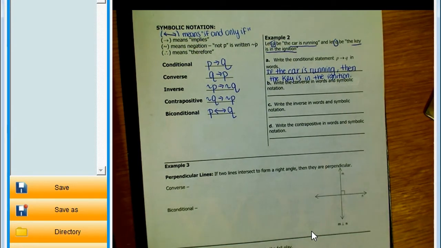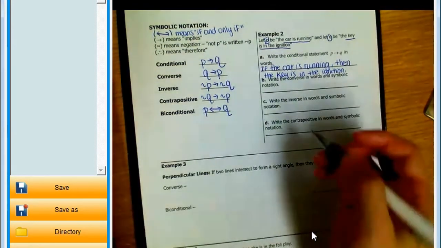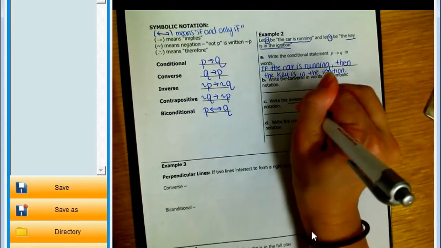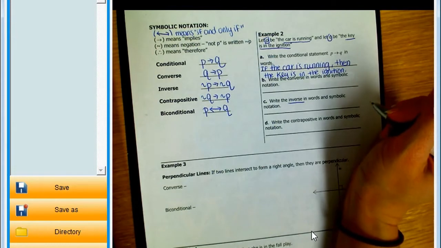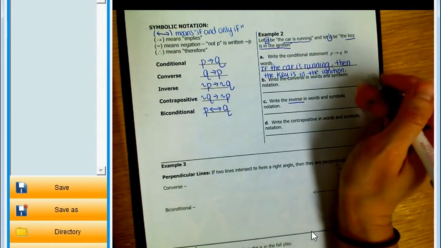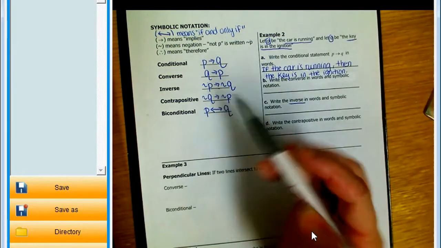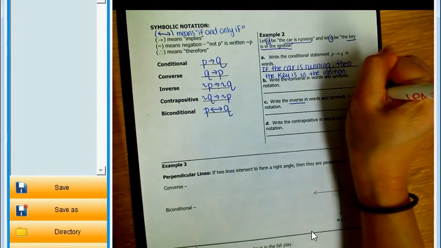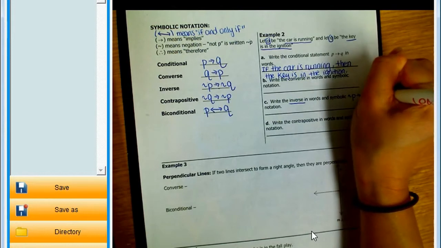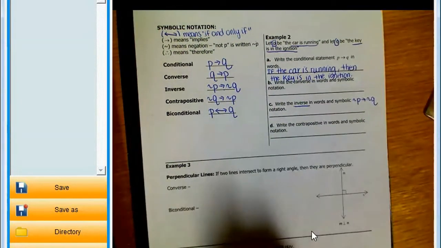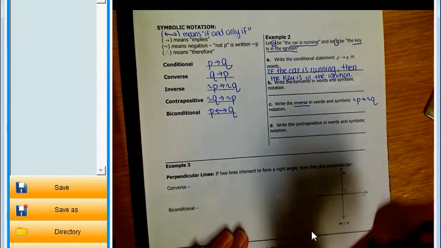Let's look at example C or part C. Write the inverse in words and symbolic notation. Let's write the symbolic notation first. So inverse, if we look over here, says it is not P implies not Q. So we keep the order, but we're going to negate.